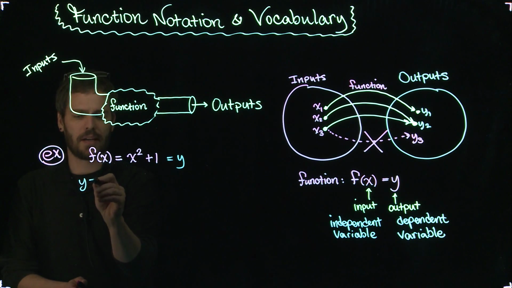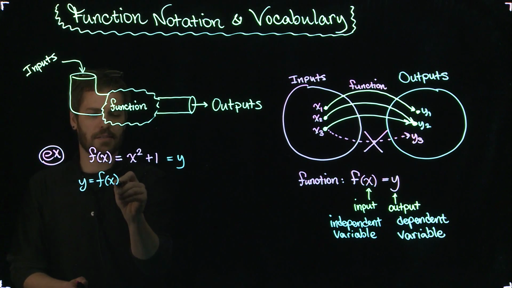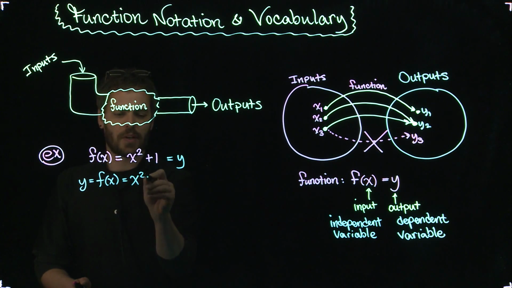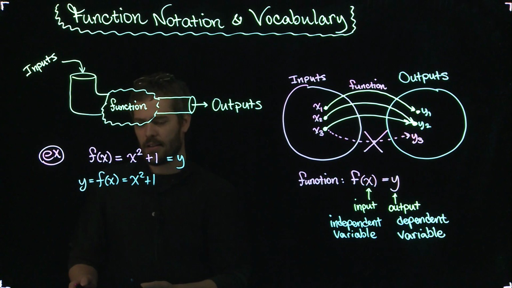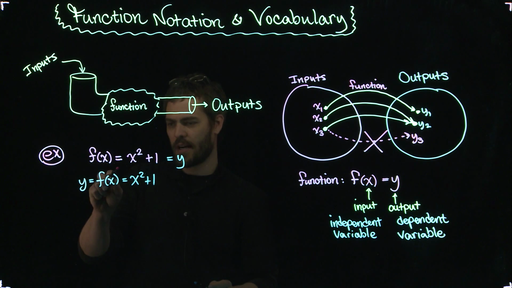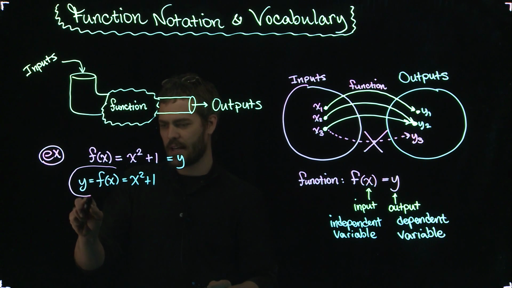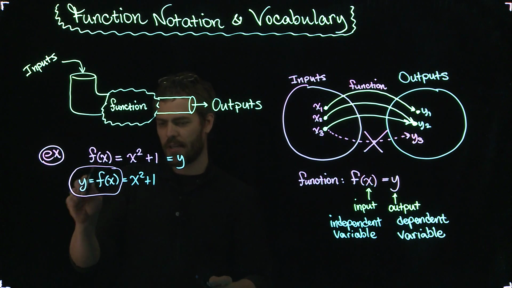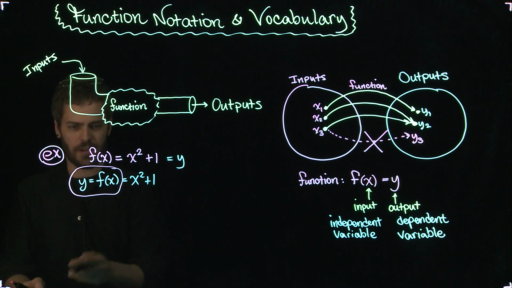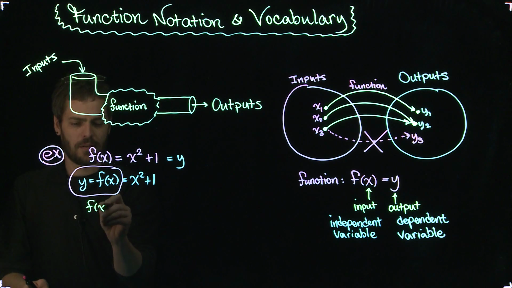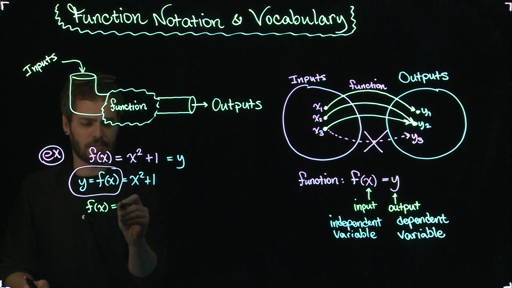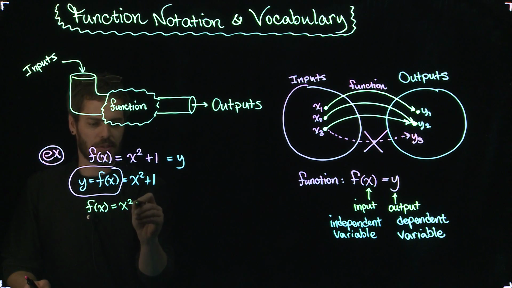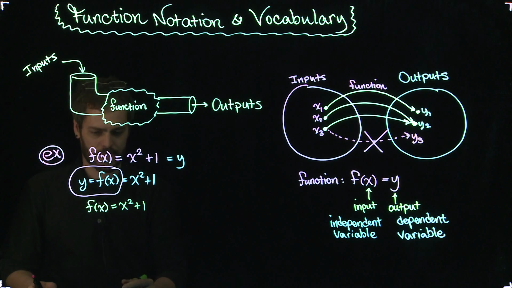They might say y equals f of x equals x squared plus 1. Now, if you recognize this y as always equaling f of x, then you can sort of drop the y notation and just stick with the f of x notation, realizing that that is really the same thing as your outputs you're calling y in this case.